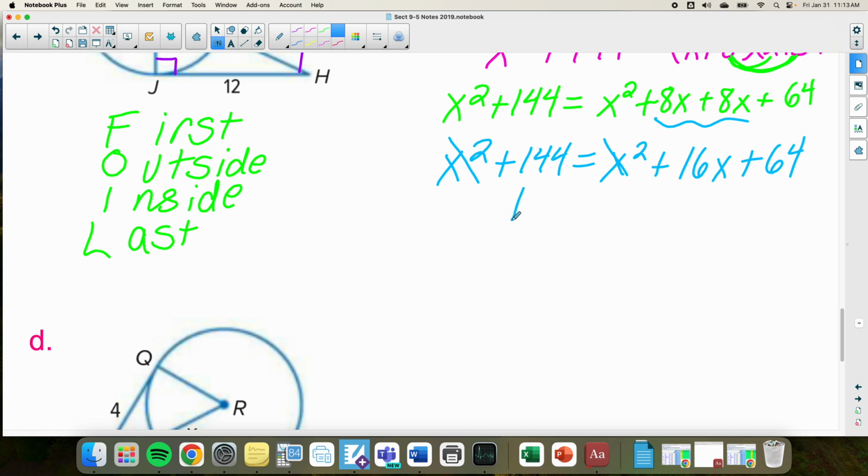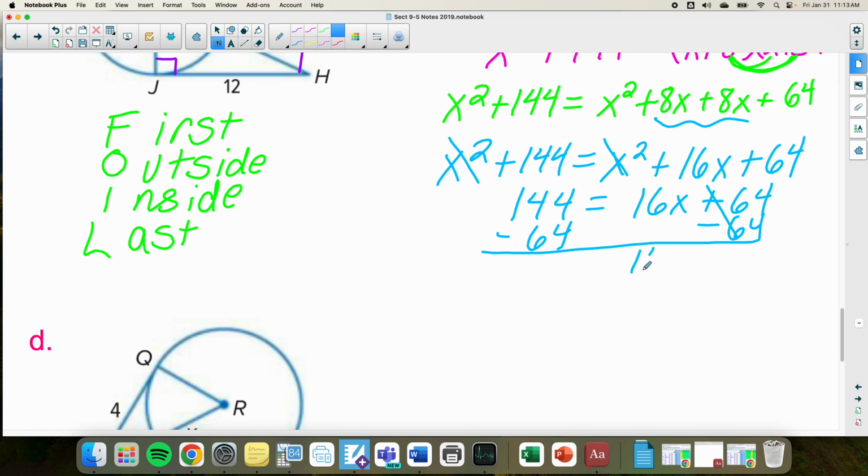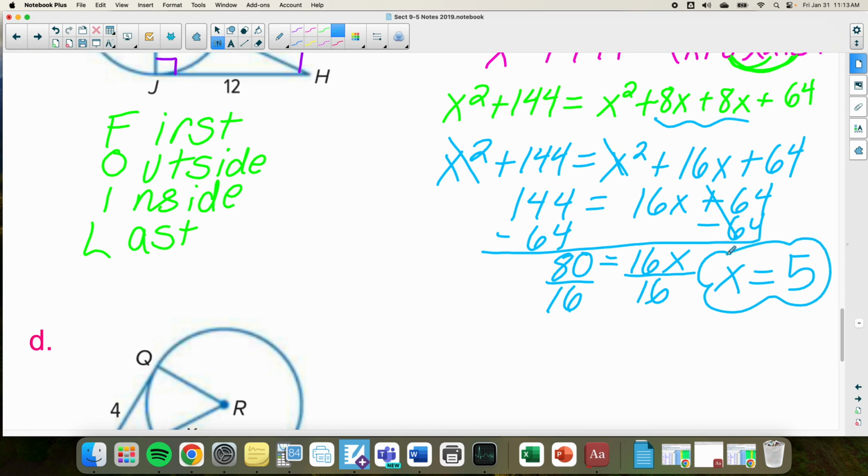So now it becomes easier because now I have 144 equals 16x plus 64, and then we're gonna subtract 64, and we get 16x equals 80, divided by 16, and x is 5. Okay?